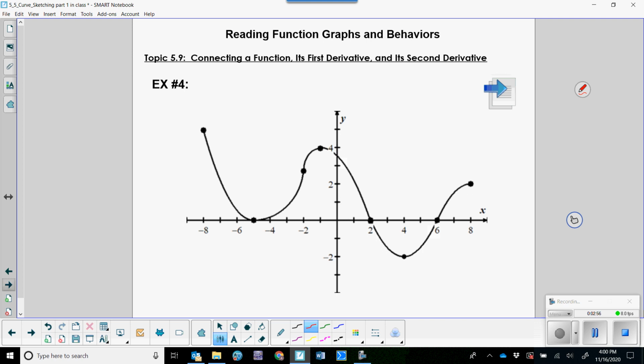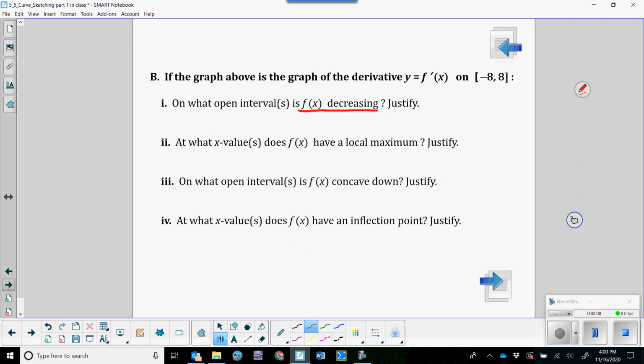Well, f of x would be decreasing anytime its derivative is below the x-axis. So that would be from 2 to 6. So f of x is decreasing on 2 to 6, because f prime of x is less than 0, because the graph is now considered to be f prime.